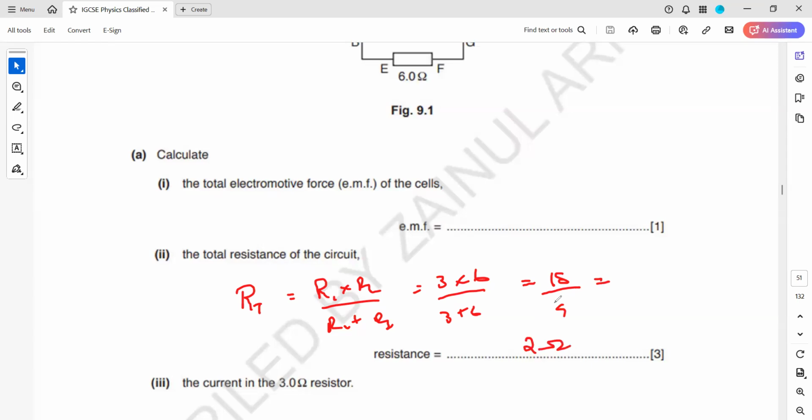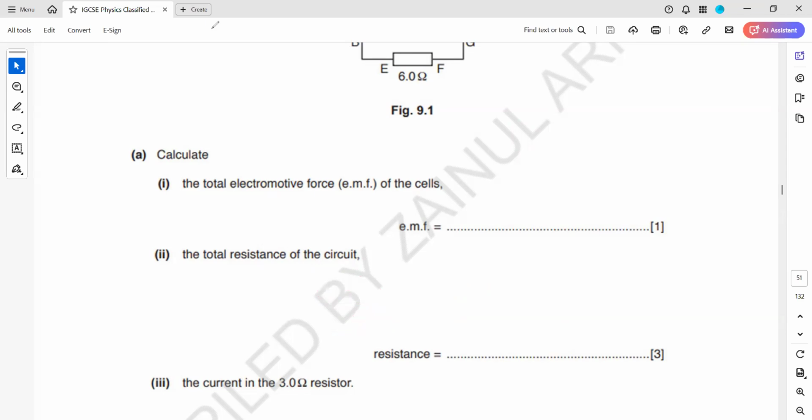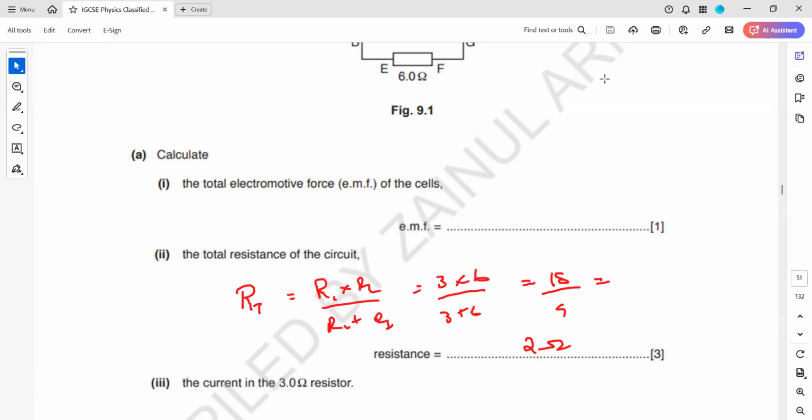We'll get 2 ohm. So when two resistors are connected in parallel, it's always the product divided by sum. So that is the total resistance of the circuit.